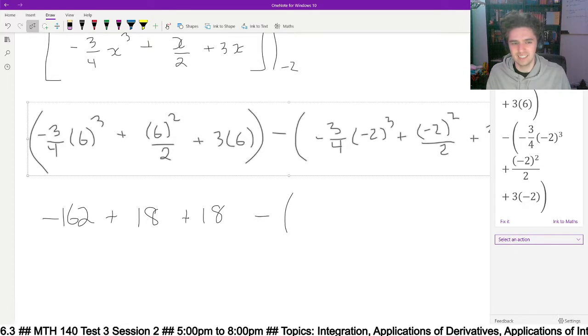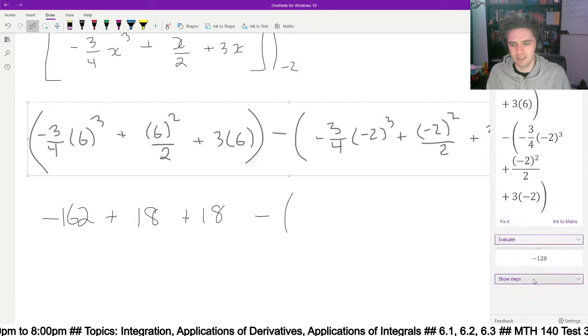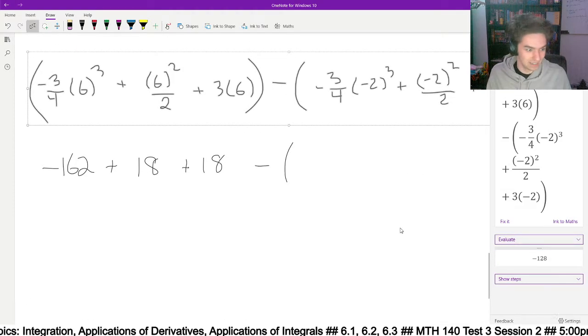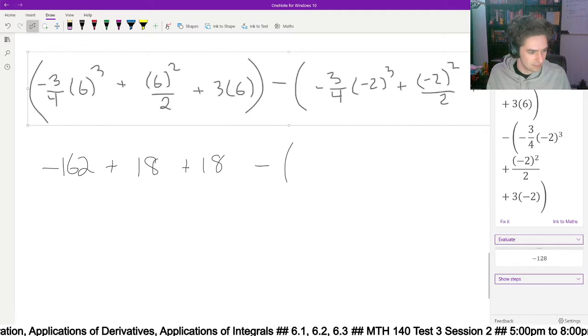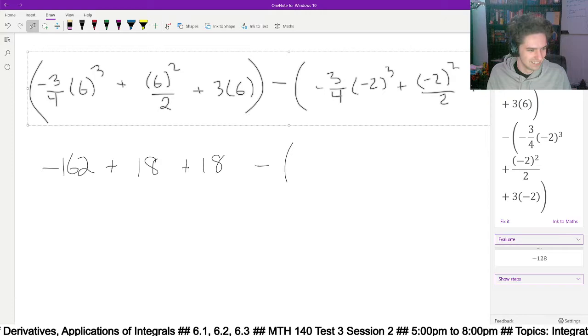Well, did it actually get it? I think you got it. It looks like it got it. Action, evaluate, -128. Is that the answer? Okay, let's see. No, that's not the answer. I think I did something wrong there.